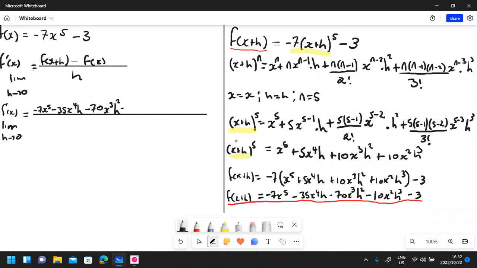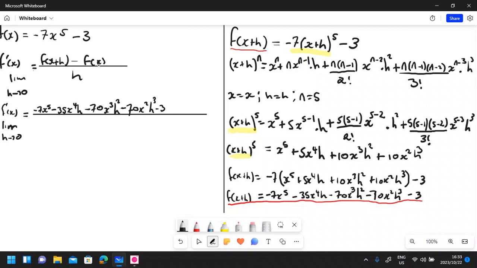Oh, I forgot here, guys. This was supposed to be 70. Yes, 70, and then we have minus 70 x to the power of 2 h to the power of 3, and then let's not forget this is minus 3.